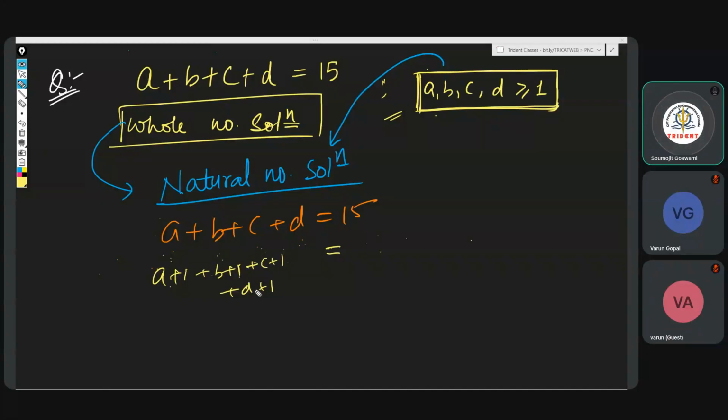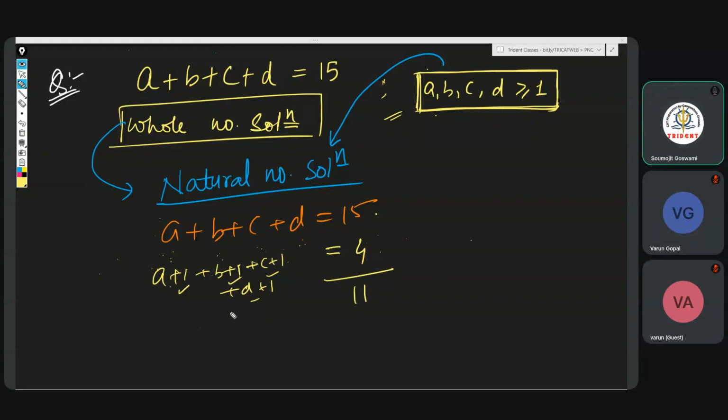Now, when I distribute 1, 1, 1, 1 to all of them, I'll explain why I'm doing all of that. The moment I take 1, 1, 1, 1 from them, taking 4 out, the total will be 11. Right now it is 11.